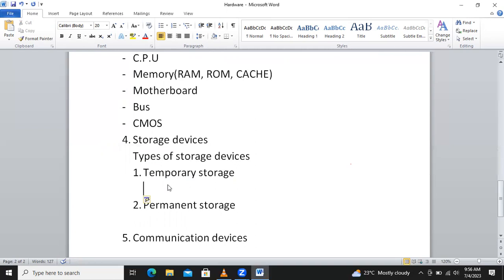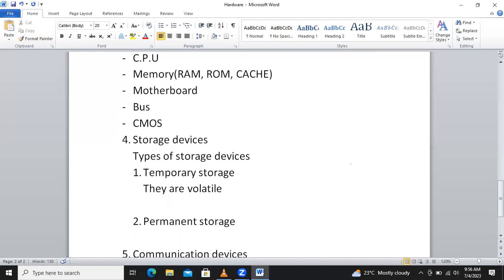That means the data stored on that media can be easily removed when power is off. They also store a small amount of data. So those are the temporary storage devices.